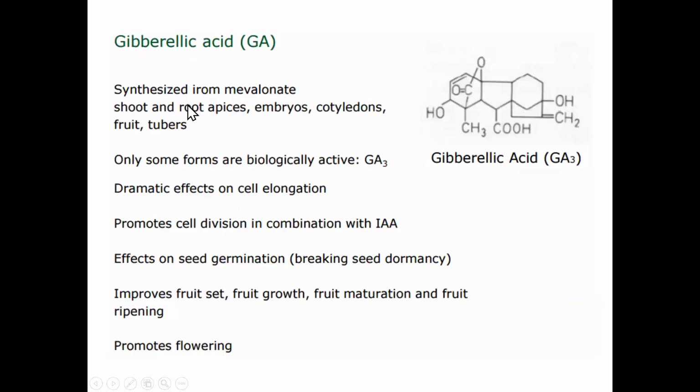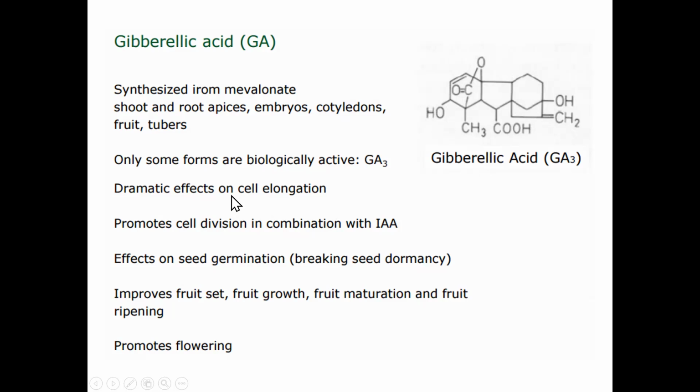Another phytohormone I told you, gibberellic acid, synthesized from the mevalonate pathway, and it is very important for fruits and tubers. And only some forms of biologically active gibberellic acid are important. Dramatic effects on cell elongation.